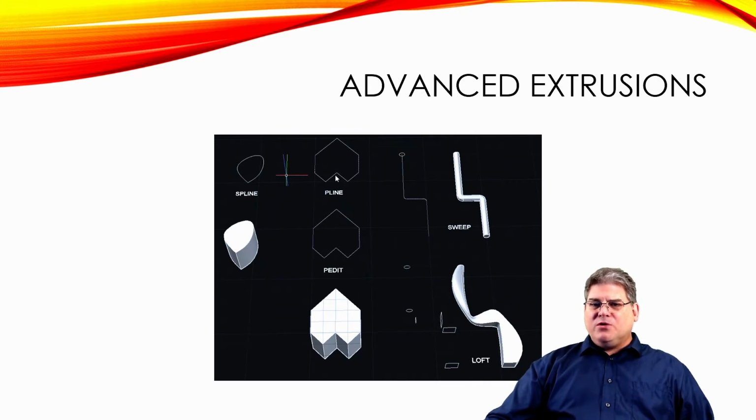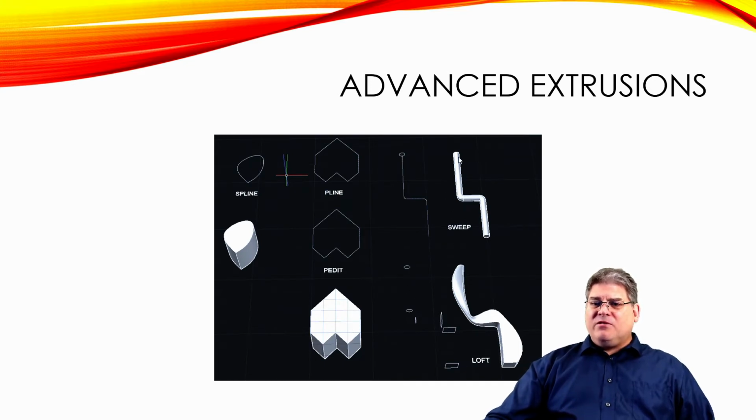We can also use a polyline or take line segments and use the PEDIT to create a polyline. This, again, as long as it's closed, you can extrude, and so I end up with this kind of square heart.